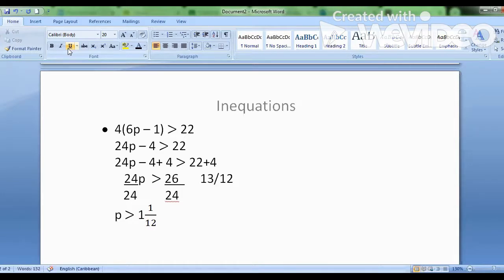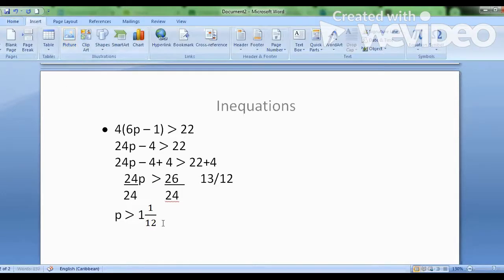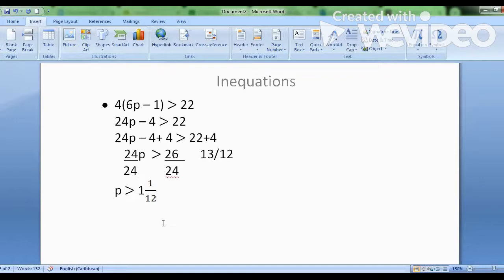Sir, but in a case like that, if you say 12 times 1 plus 1, you're gonna get 13 over 12. So how is it going to be equal to that? I don't think it should be broken down to that level. Yeah, it'll be a mixed fraction instead of an improper fraction. Yeah, but it's going to slightly complicate the equation.